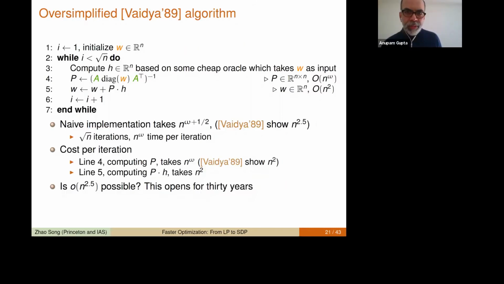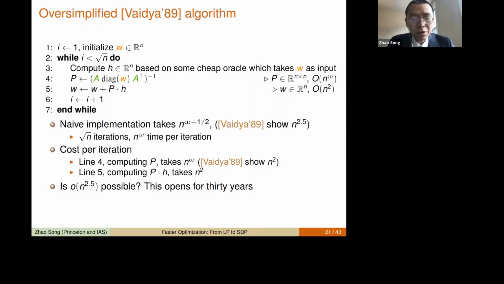So Zhao, question for you. So you don't need P otherwise, right? You only need P times H. What do you mean otherwise? In your algorithm, P is only used to compute P times H. Is that correct? Yes. Okay. And H is changing over time? Yes. Okay, thanks.